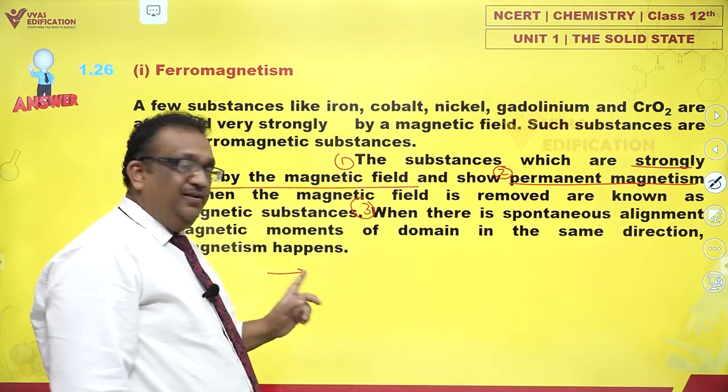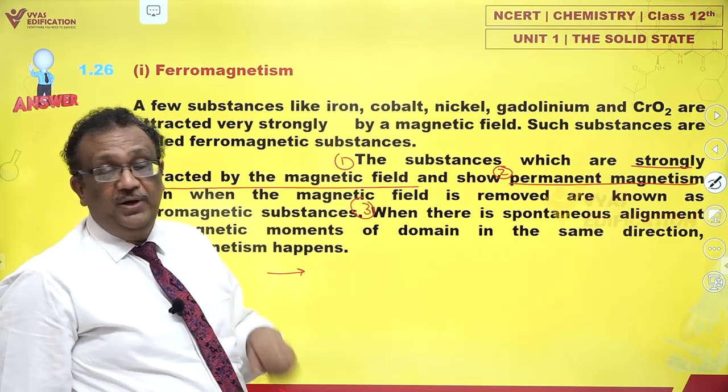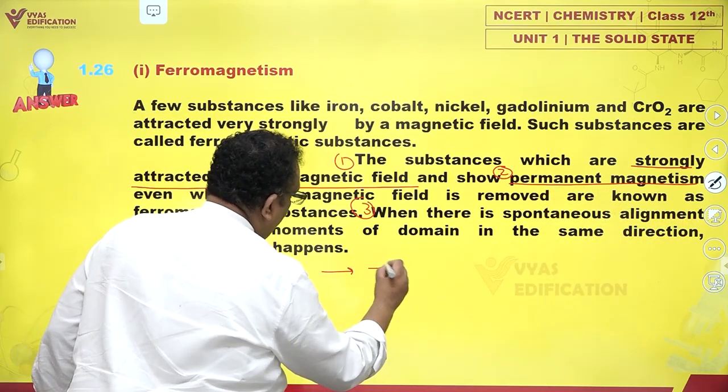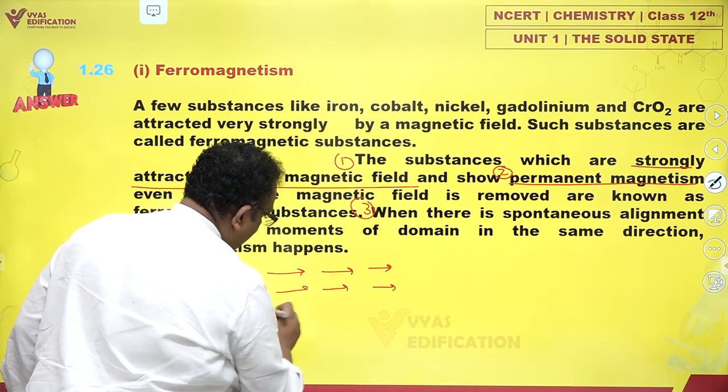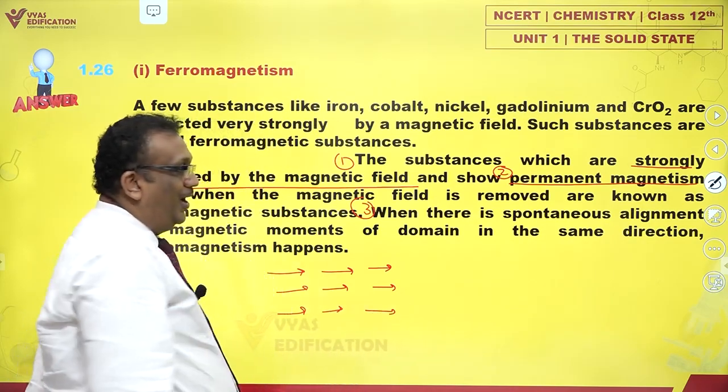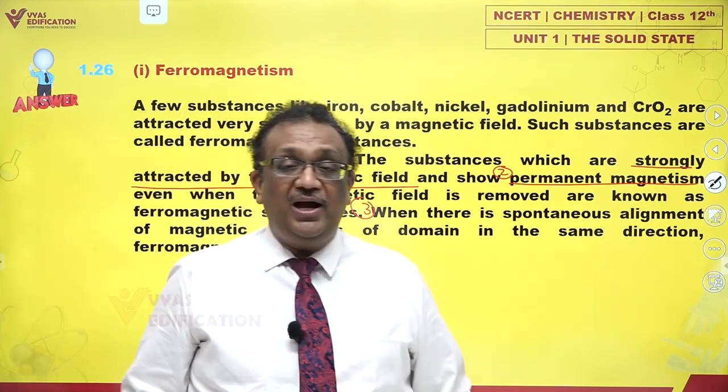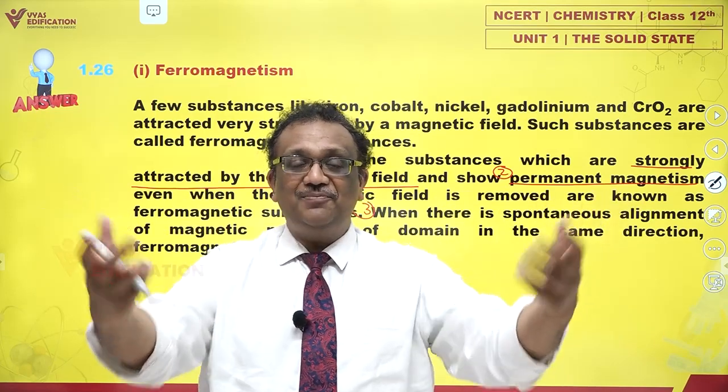So this is the direction of magnetic field of a single domain. And if all these domains get aligned in one direction, all their magnetic power adds up and I get a ferromagnetic substance.